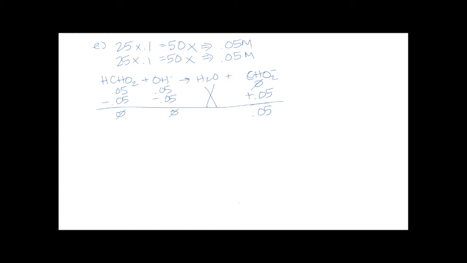So I'm going to throw this into another rice table, and this one I just throw in water. So when you are at the equivalence point, you need a second rice table with whoever is left. So that's what I'm going to do here.